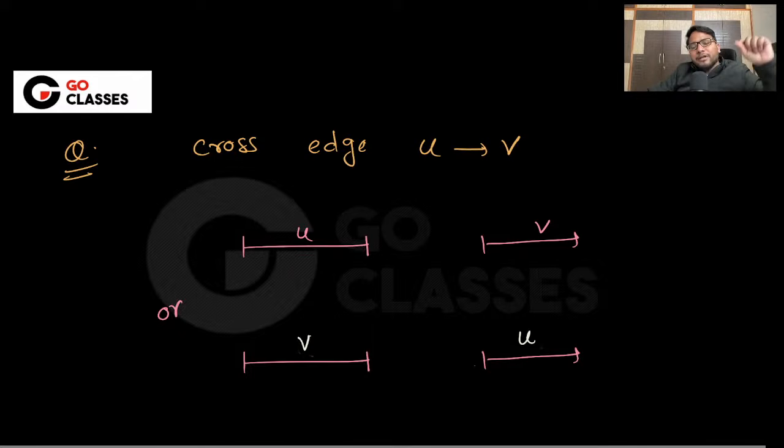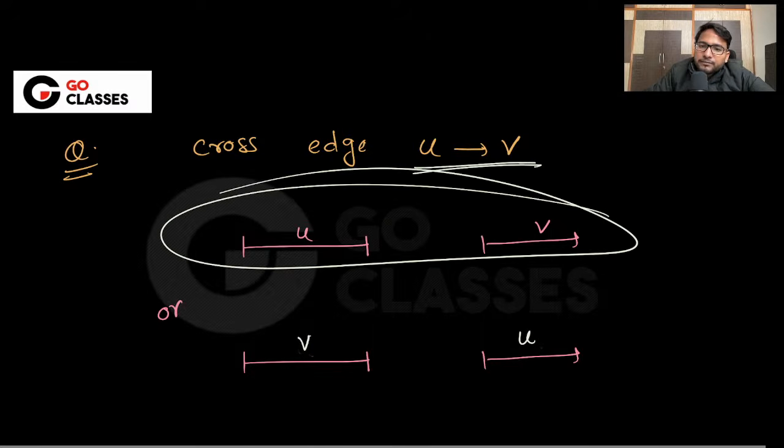Okay, tell me, interestingly, can this even happen? In the original graph, can there be an edge from U to V? It is actually given that there is an edge from U to V. Is this even possible?